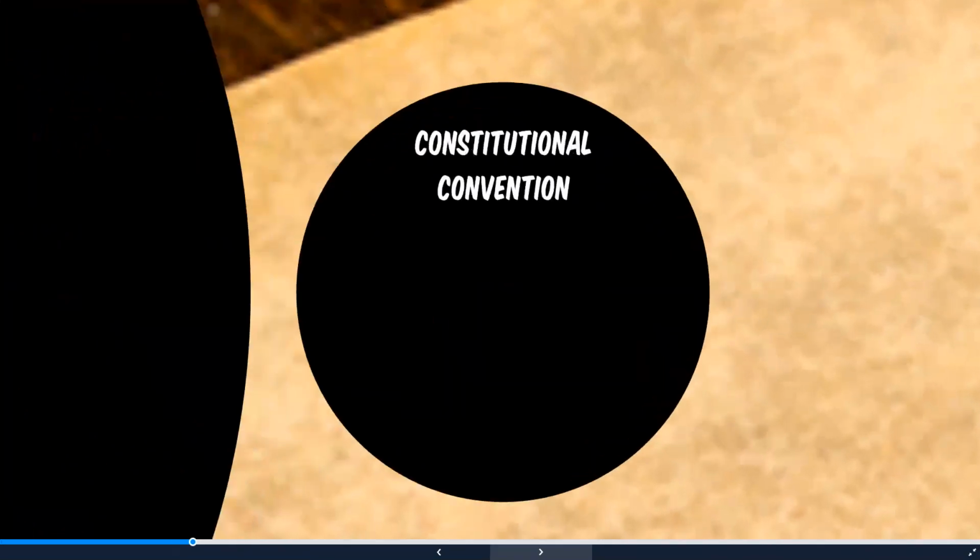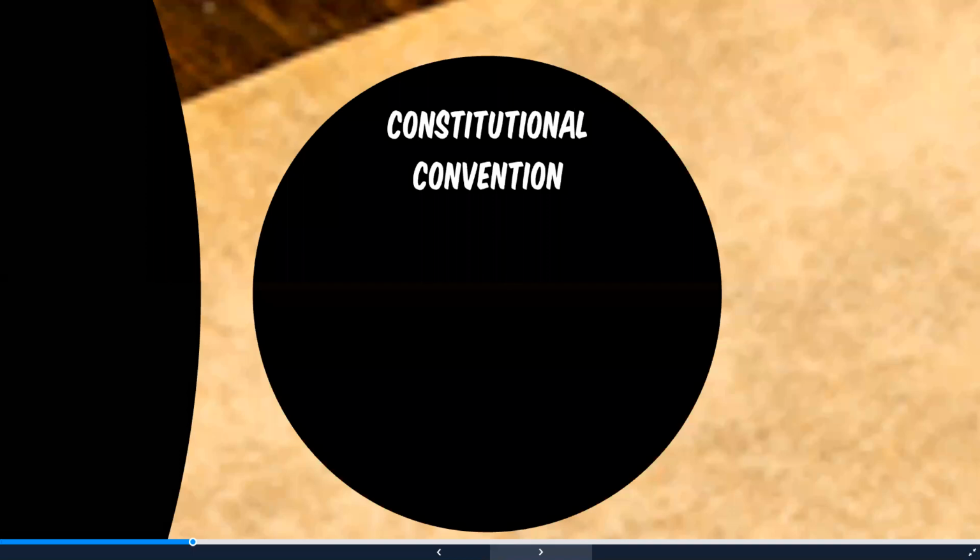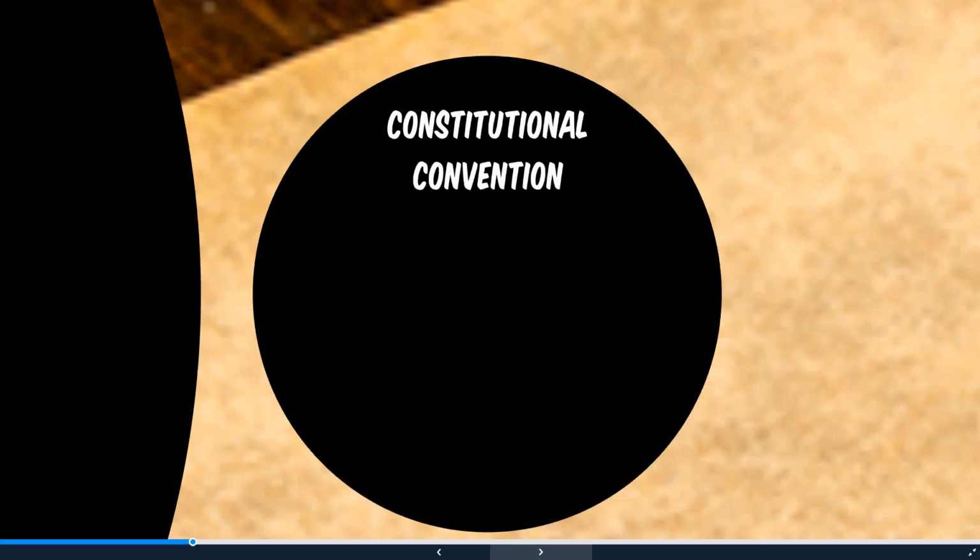And then step 3 is we needed more. The Articles of Confederation were a good start, but we were now a nation and we knew we needed more. We knew we needed to function as a nation, as a country, and not just as 13 separate states. And in order to do that, we needed more of a central government.